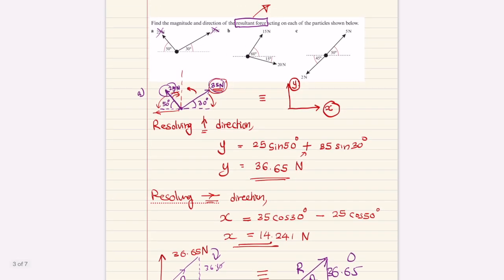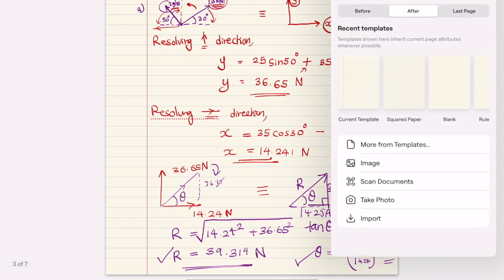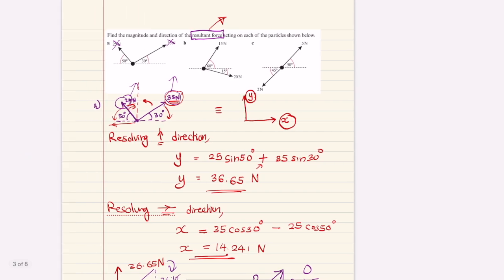So the meaning of that is this 25 newtons and 35 newtons can be replaced with a force of 39.319, with some other value which we just truncated, which is acting 68.76 degrees to the horizontal direction. So your final answer can replace the two forces that we mentioned earlier like this.